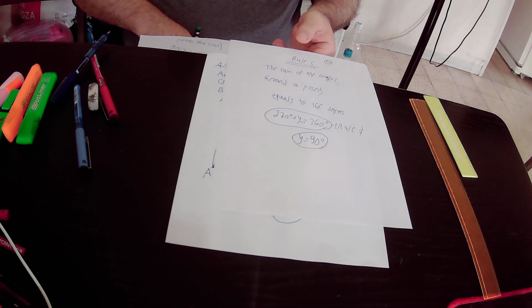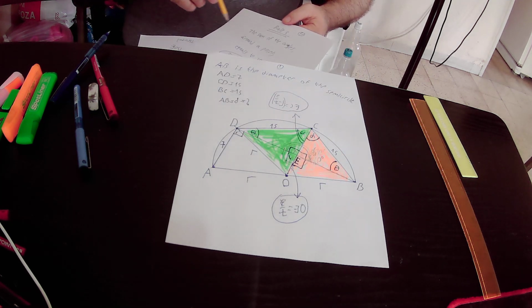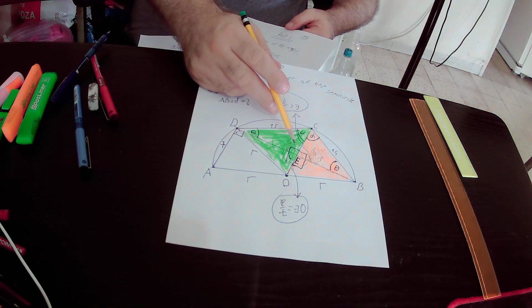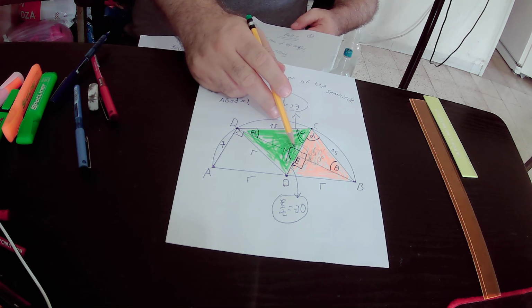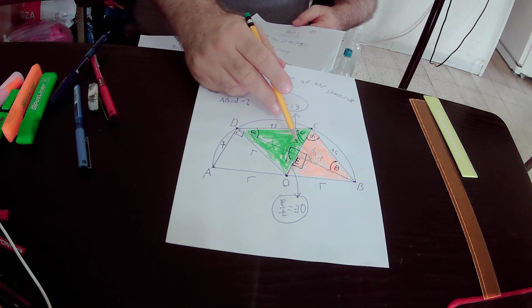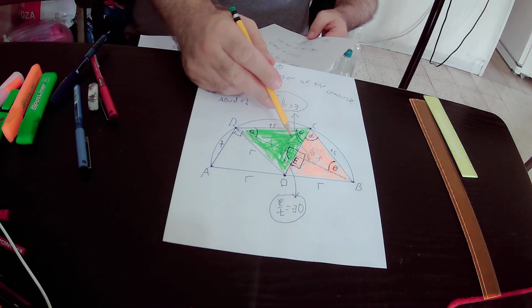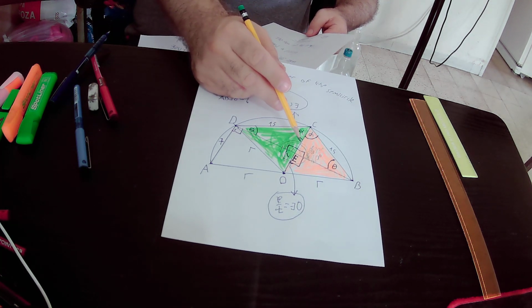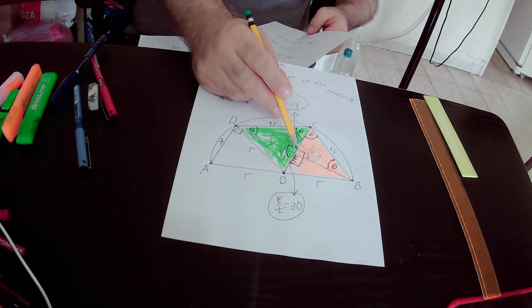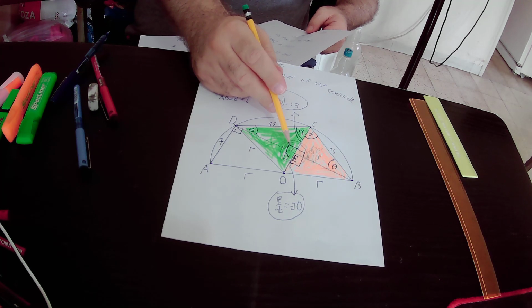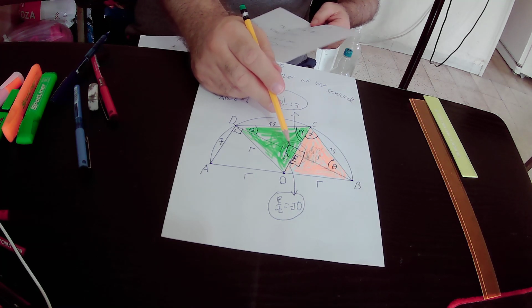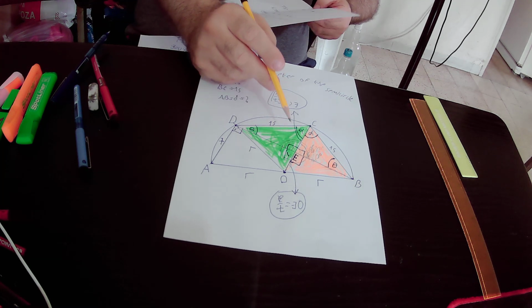Okay, and if we focus on point E, the sum of the angles around point E will be equal to 360 degrees according to rule number 5. So actually we have already found out that the sum of the three angles around point E is 270 degrees. So 270 degrees plus the size of the fourth angle, that is Y, according to our definition, must be equal to 360 degrees.